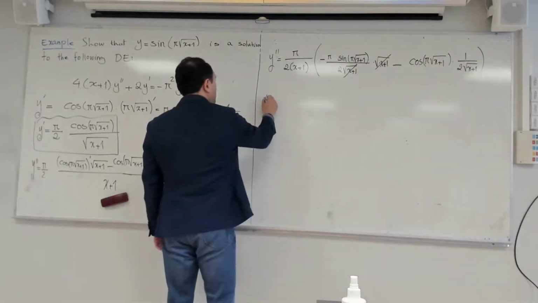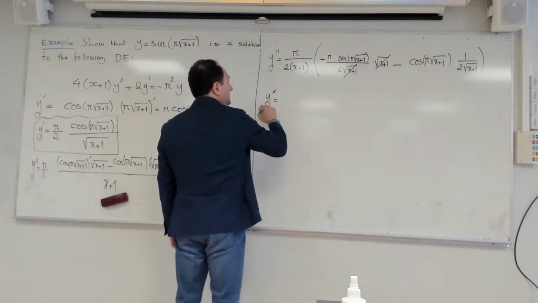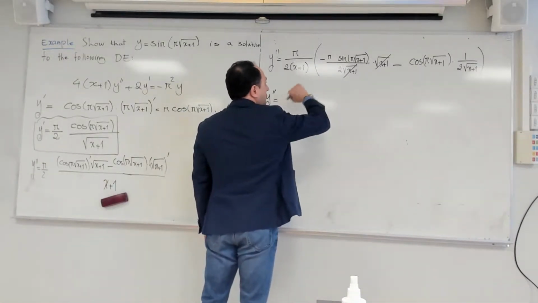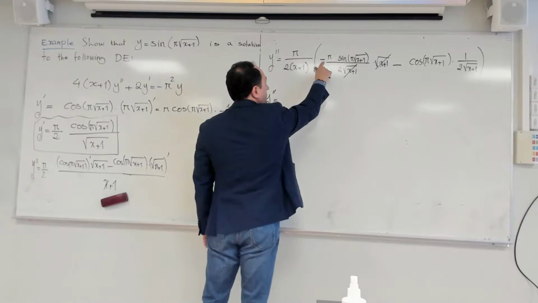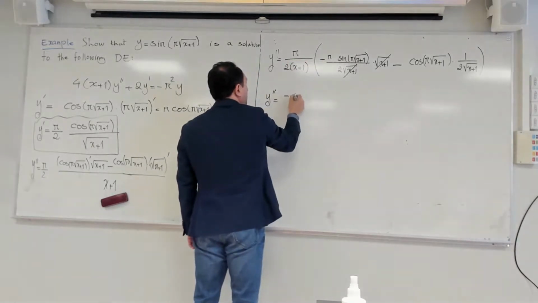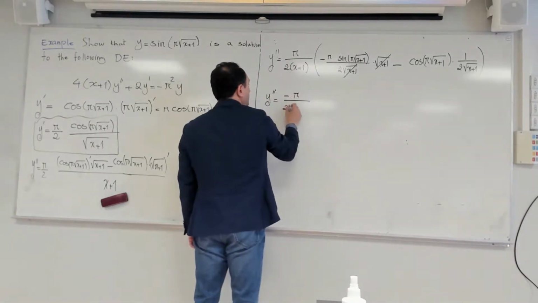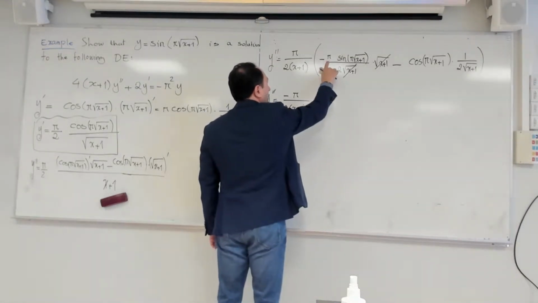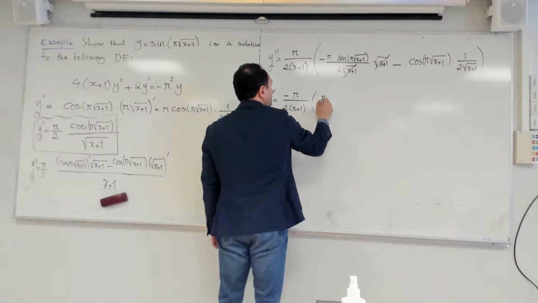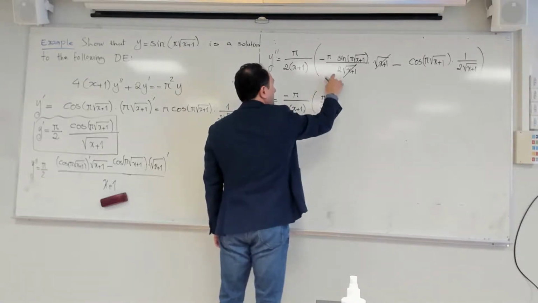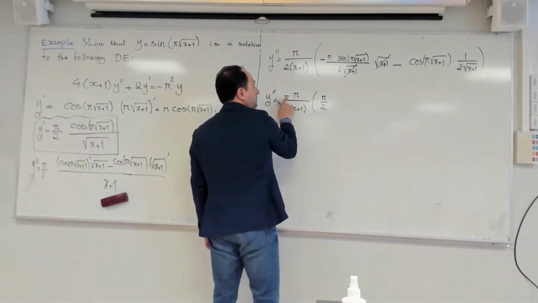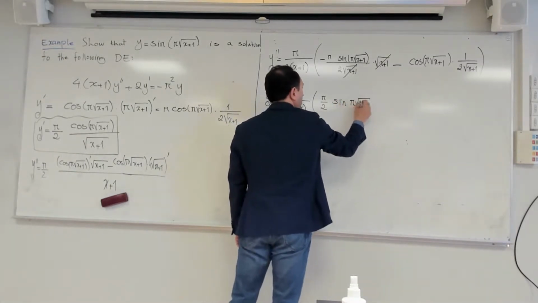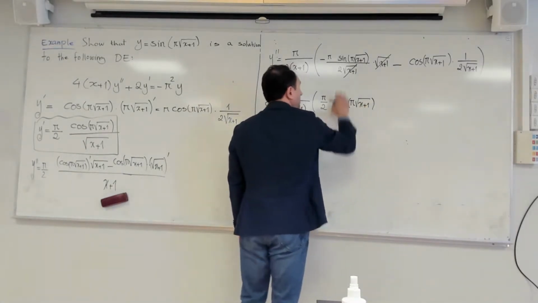Okay, so what is y double prime? So y double prime is this. So you see that, what can I do? I can pull a minus sign out, so it becomes minus pi over 2 x plus 1. And then, what do I have here? I have a pi over 2, because I put the negative sign out. And then sine pi square root of x plus 1. That's it.